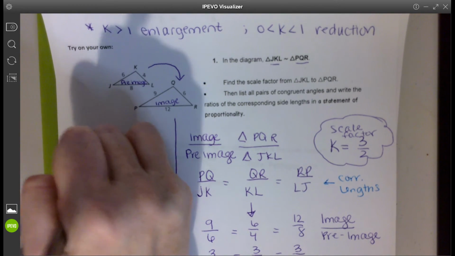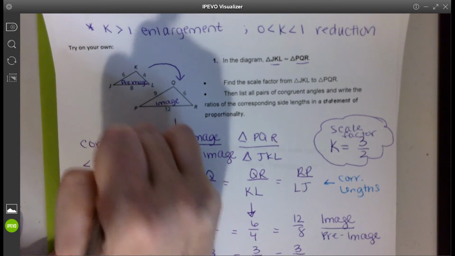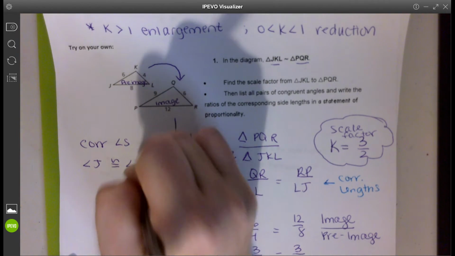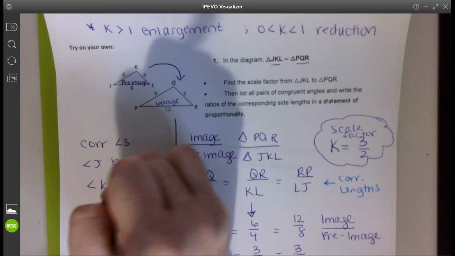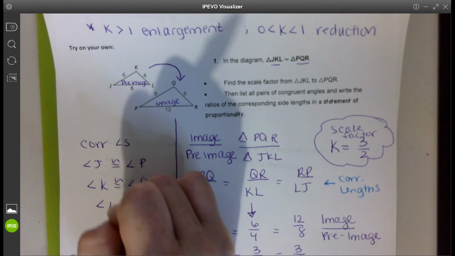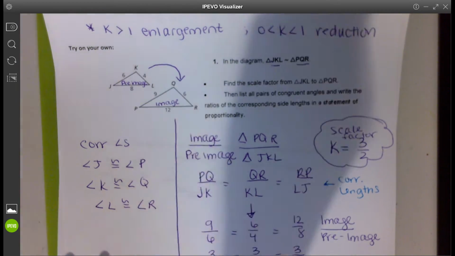So here we have angle J is congruent to, and what is angle J congruent to? Again, use your similarity statement. The diagram only helps but so much. That would be angle P. Angle K is congruent to angle Q. And then angle L is congruent to angle R.